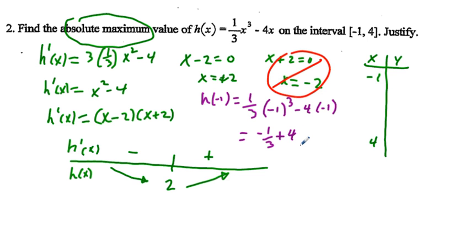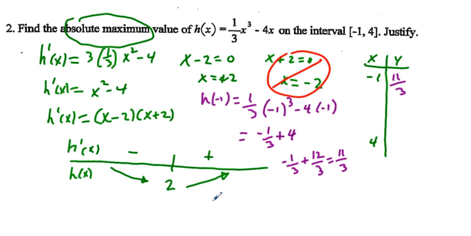That's negative 1/3 plus, how many thirds do we have in 4? Plus 12 thirds. So we're going to have 11 thirds right here. That's going to be a possible absolute maximum.